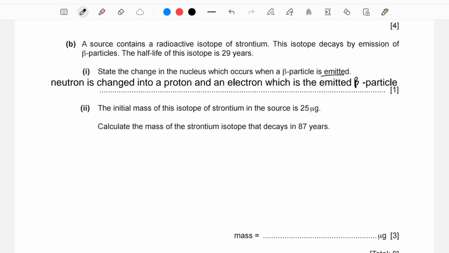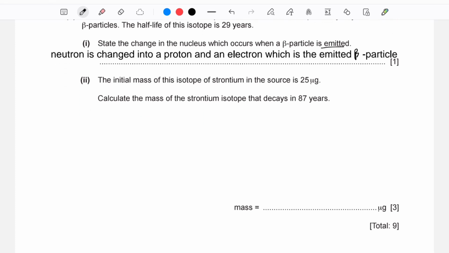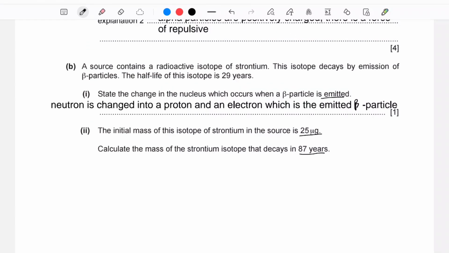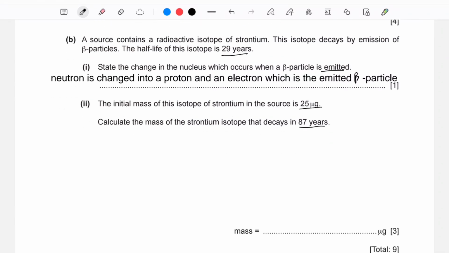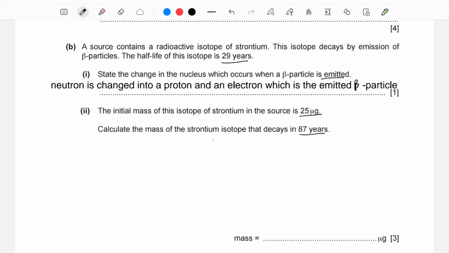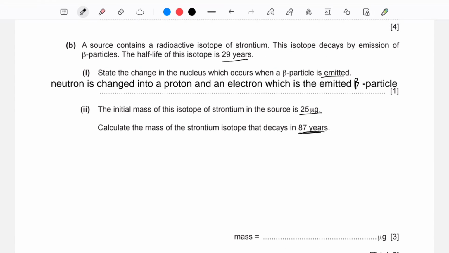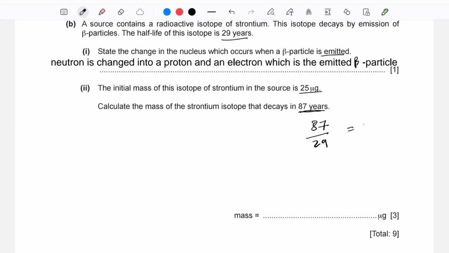The initial mass of this isotope of strontium in this source is 25 micrograms. Calculate the mass of strontium isotope which decays in 87 years. We know the half-life is 29 years. So we can divide 87 by 29 to find the number of half-lives, and that gives us 3 half-lives.